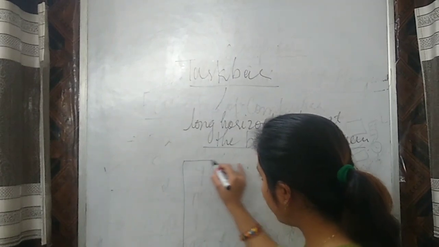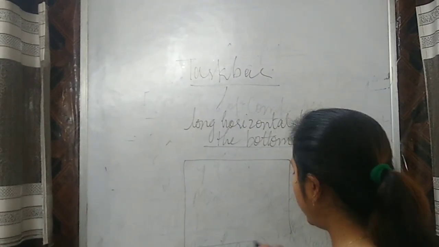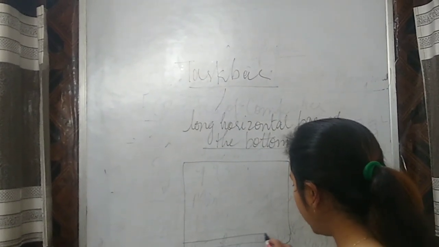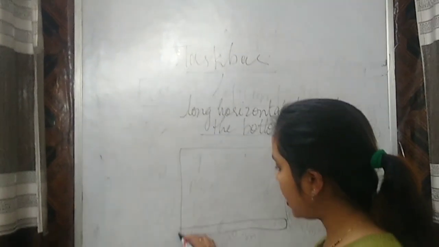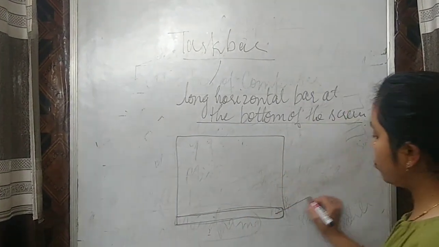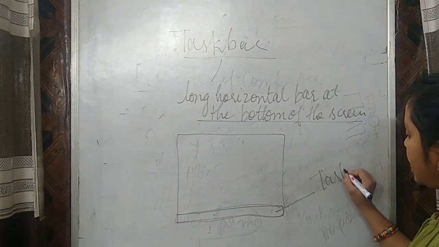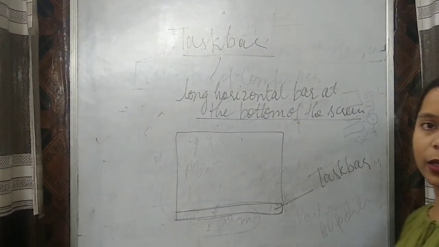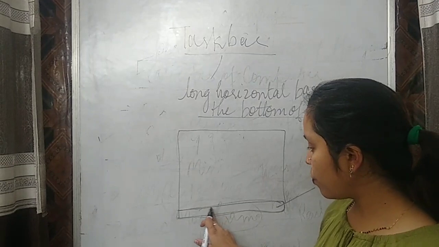Like this is your computer screen. So here at the bottom of the desktop, one bar is there like this. This is known as the taskbar.